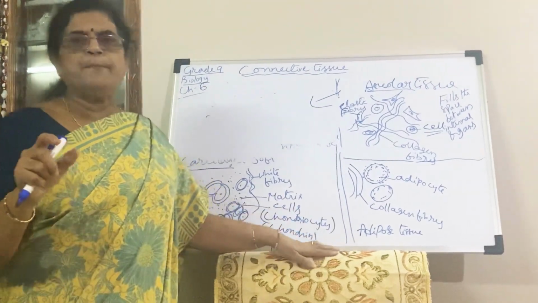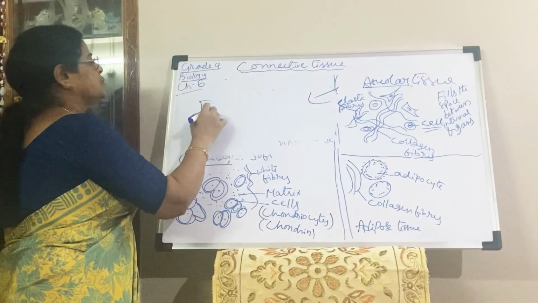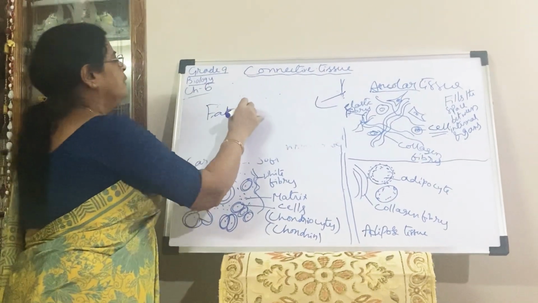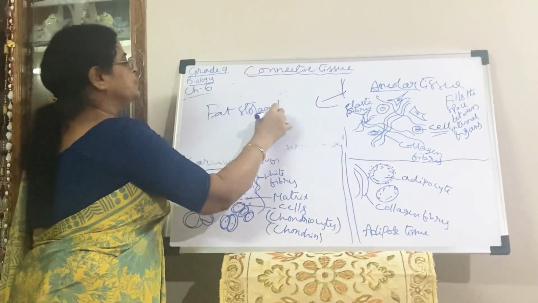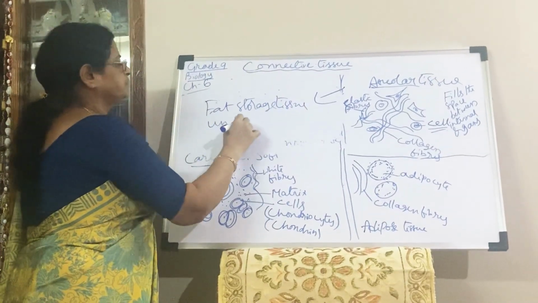Next one is adipose. This is called the fat storage tissue, mostly present under the skin.